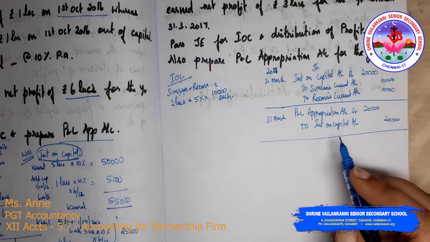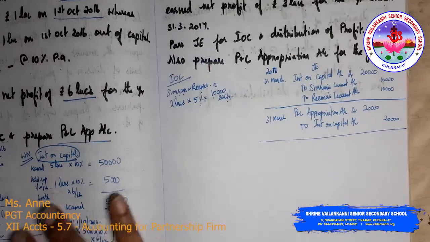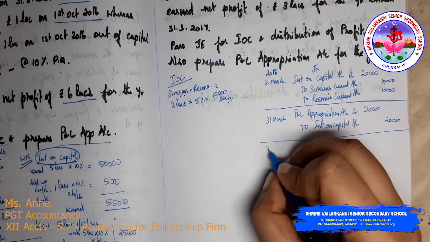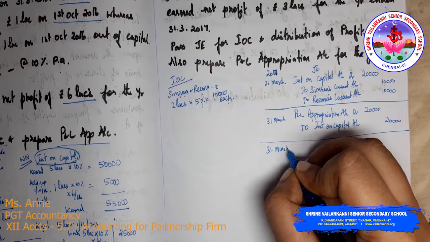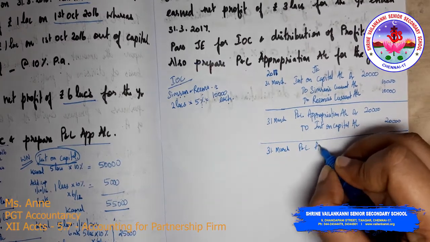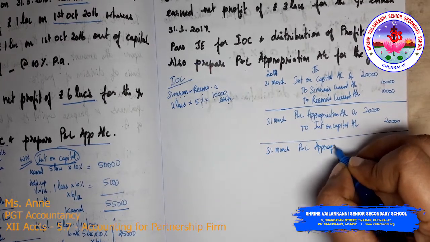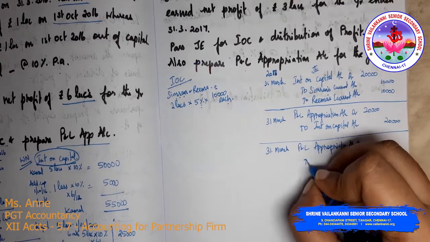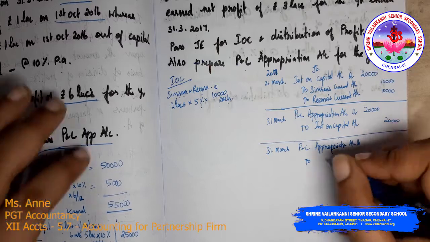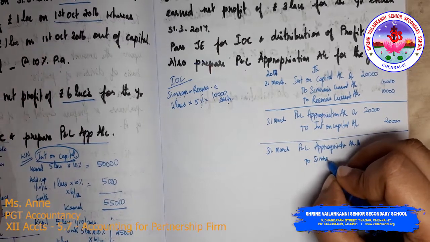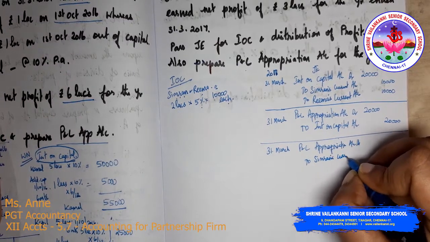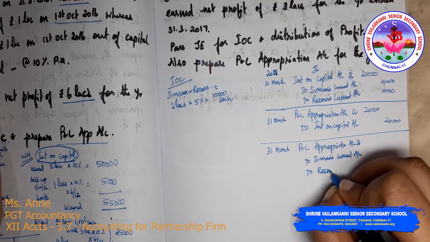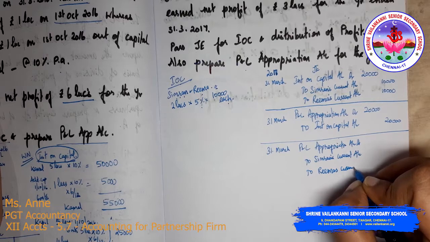The next journal entry, that is P&L appropriation account and the profit distribution. Am I right? So 31 March, P&L appropriation account debit to Simran's current account to Reema's current account.